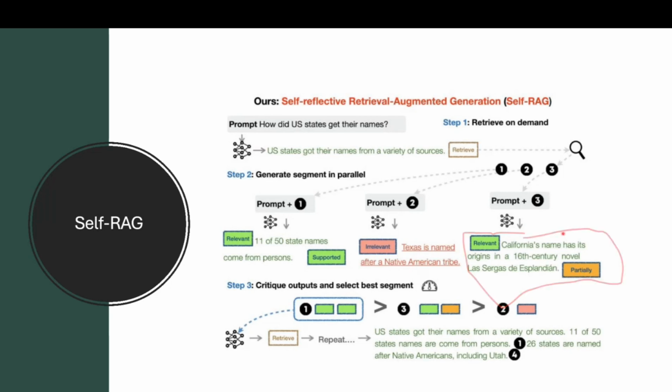Now, the critic output and selecting the best segment will also be done by an agent. And that agent will fetch the relevant and supported one at first, the second one would be relevant and partially dependent, and the last one would be the irrelevant one. So it is doing the re-ranking approach which I talked about earlier. In this re-ranking approach, you can see this is the first one, this is the third one, and this is the second one, and later on there might be a fourth one, fifth one, sixth one, and so on.